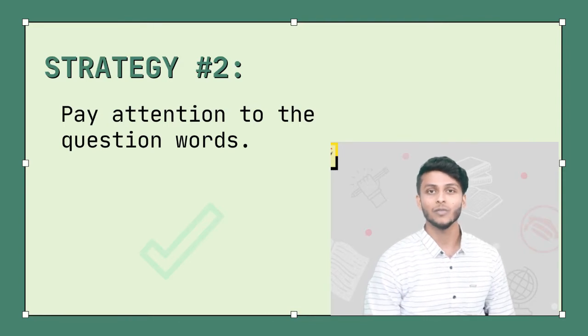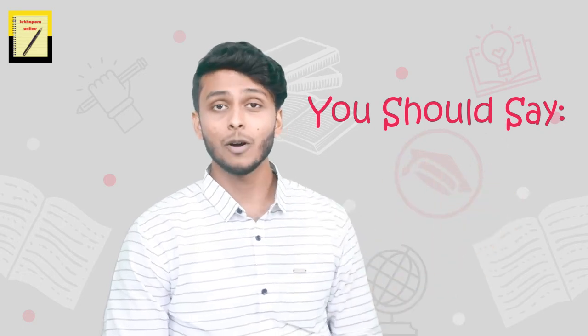Okay, so now let's move on to strategy number 2, which is the most important one. So the strategy is pay your attention to the question words. When you read the topic on the cue card, you will see the phrase 'you should say', followed by a list of 3 questions asking for factual information. You don't need to answer these questions in depth, but you need to give the type of information they ask for.